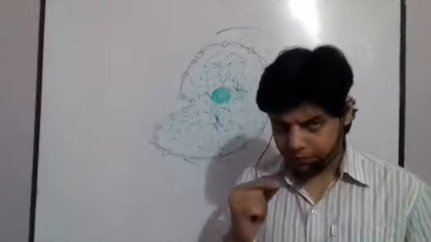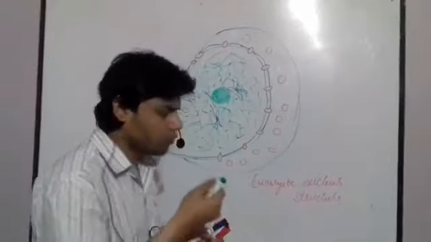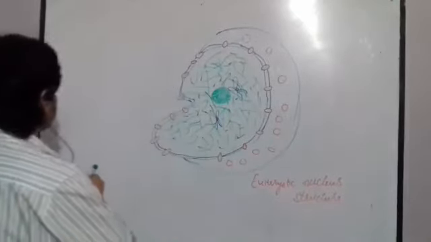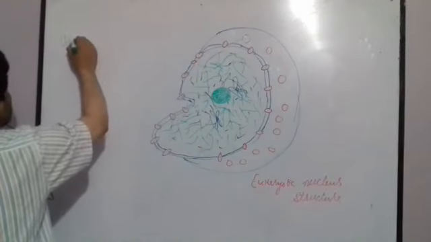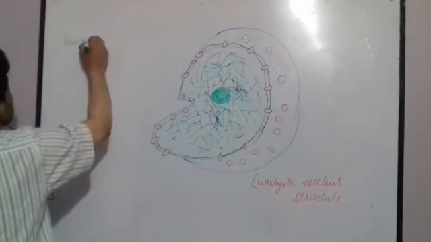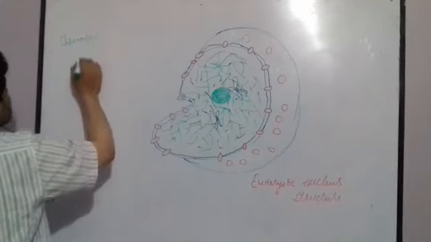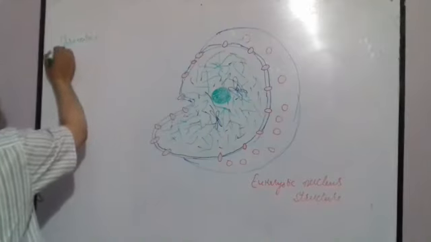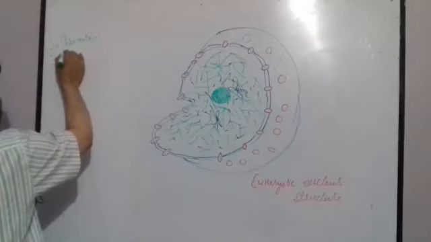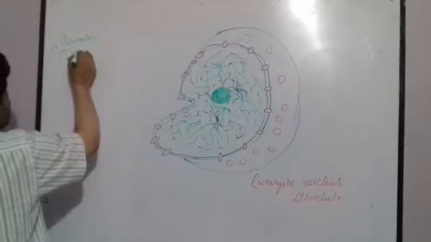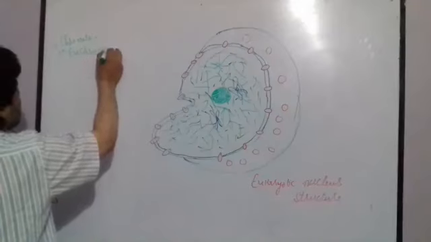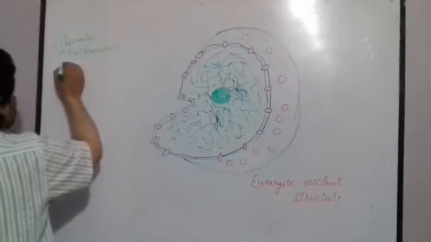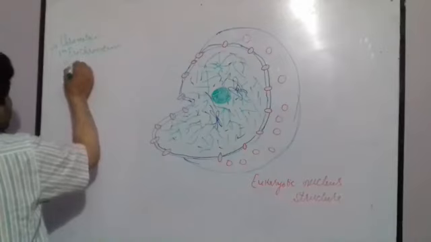Now, in the structure of the eukaryotic nucleus, what are we going to talk about? We are going to talk about chromatin, especially euchromatin and heterochromatin.